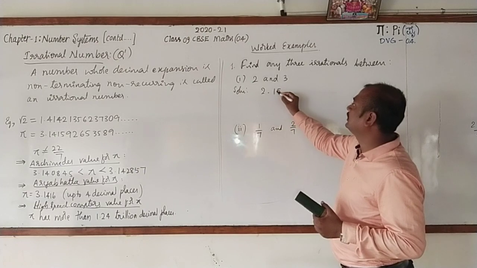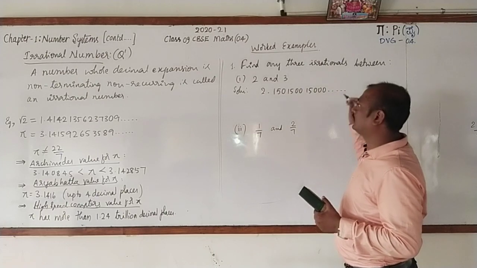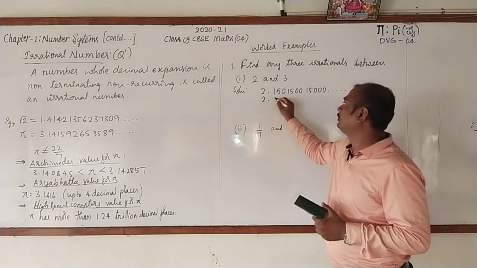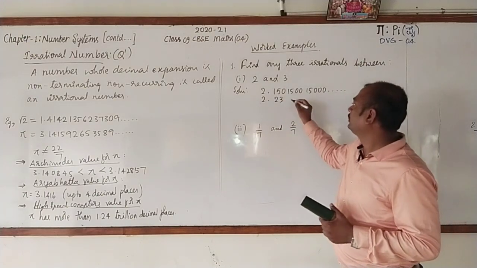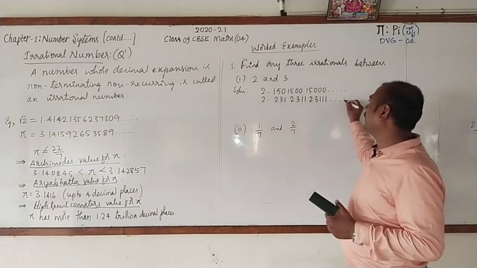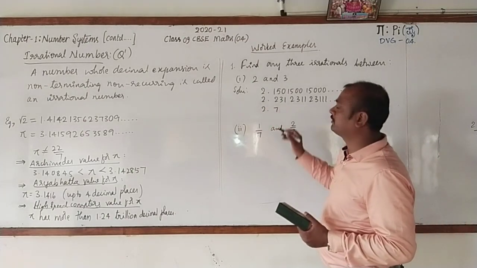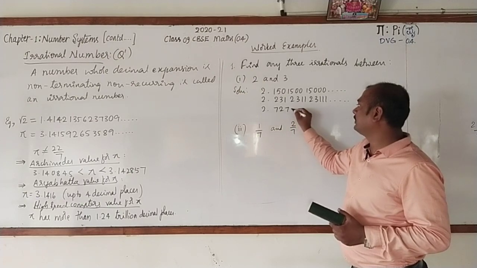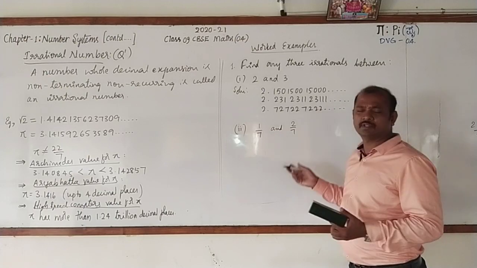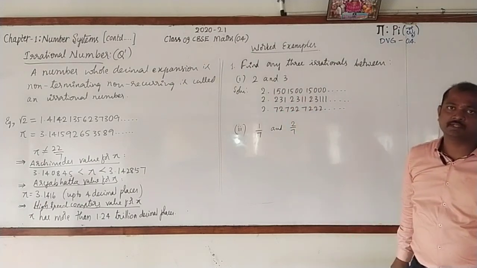Hence I can write it as 2.150, 1500, 15 with 3 times 0 and so on. Clear? Next. Again I will take 2.23, 231, 23, 11, 23, 111 and so on. Next. You may take 2.7, 72, 7, 22, 7, 222 and so on. See that like that plenty of irrationals can be written between these two rationals.